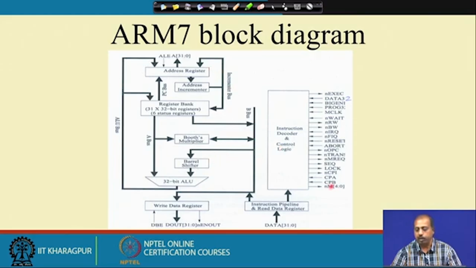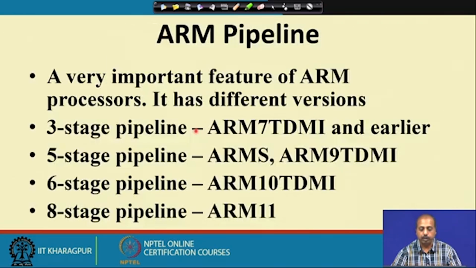We will explain the remaining terms later, but overall the instruction reaching here is decoded here, and these control signals are generated for the other modules that will do the operation.